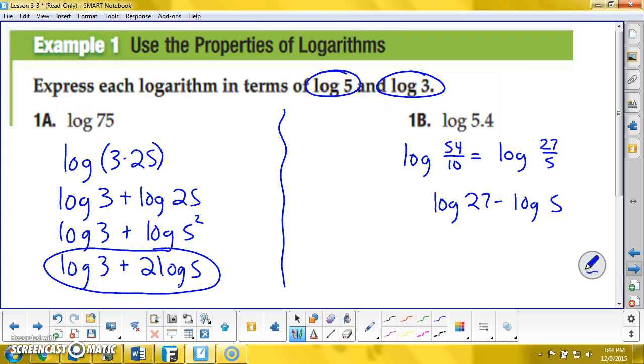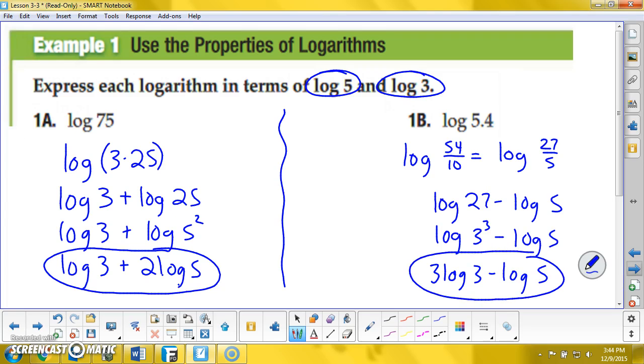And now we'll rewrite that 27 as 3 to the third. Then the last step is take that exponent and move it out in front. So we get 3 common log of 3 minus the common log of 5. So it's just rewriting these expressions using the 3 properties.